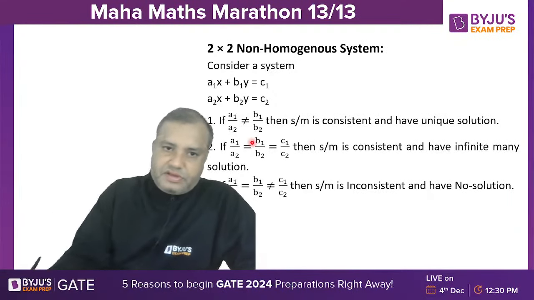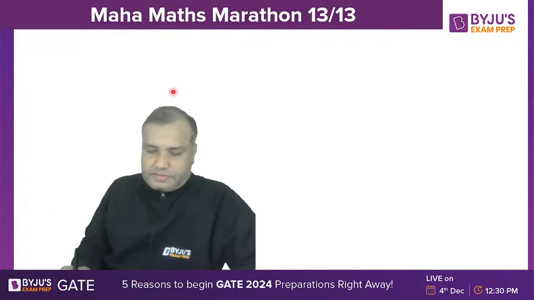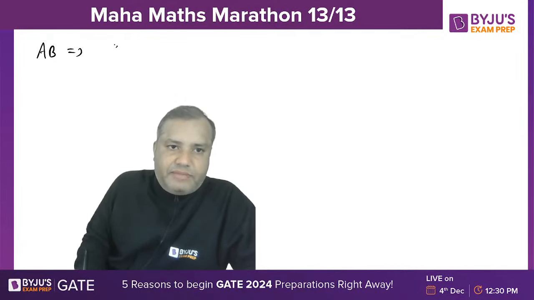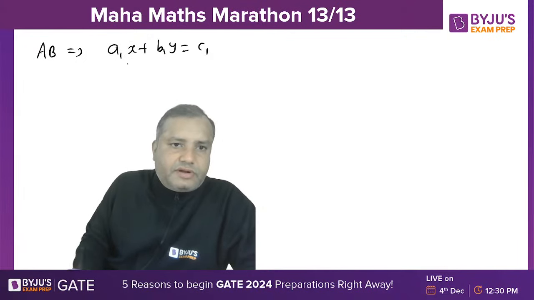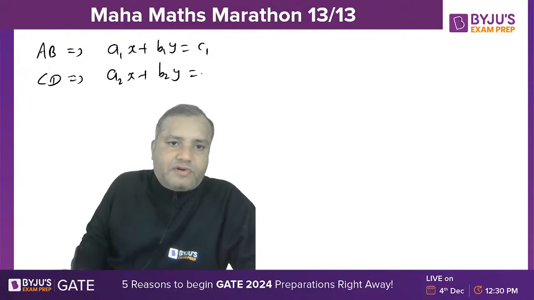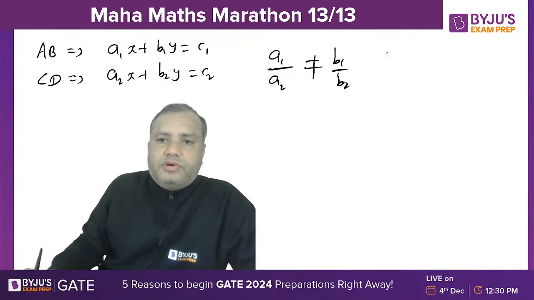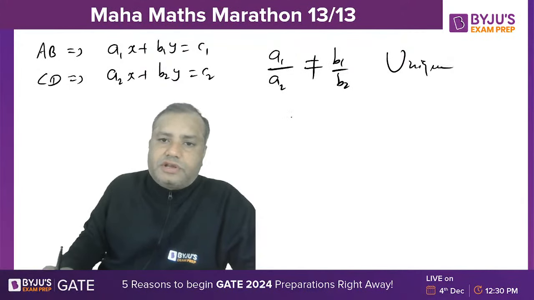Sir, if we denote the first line AB as A1x plus B1y equal to C1, and CD as A2x plus B2y equal to C2. If A1 by A2 is not equal to B1 by B2, we will get a unique solution.